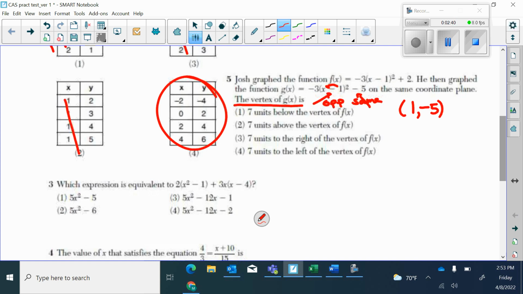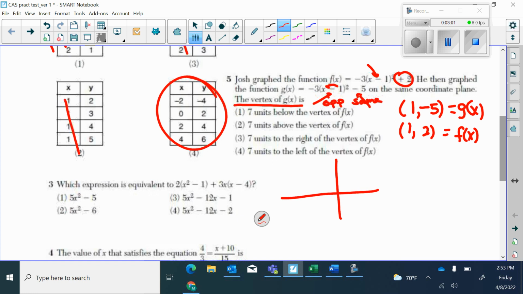So that's the vertex of the g function, g of x vertex. The f of x vertex, again, opposite, 1, and same, 2. If I plotted those points, 1, -5, and 1, 2, right there.